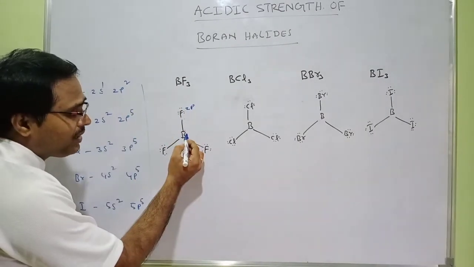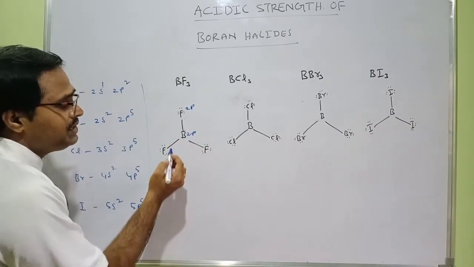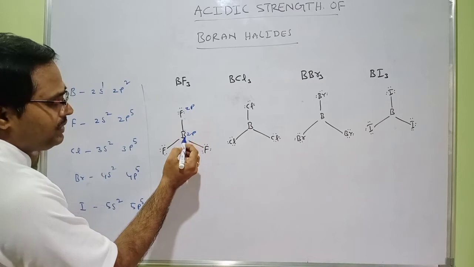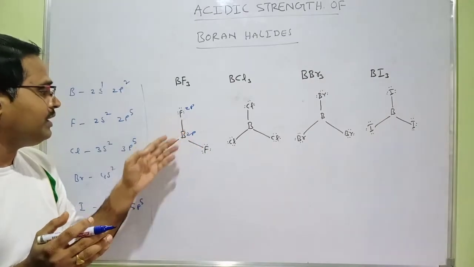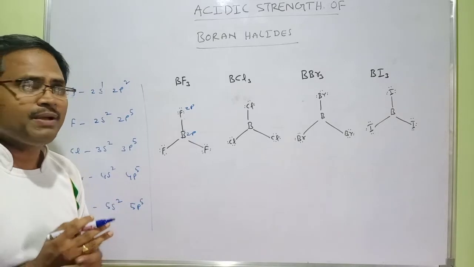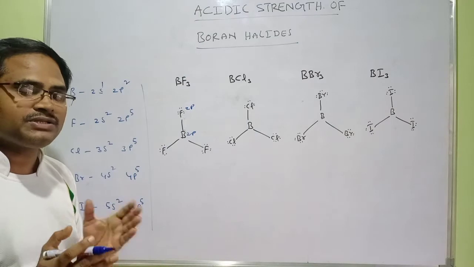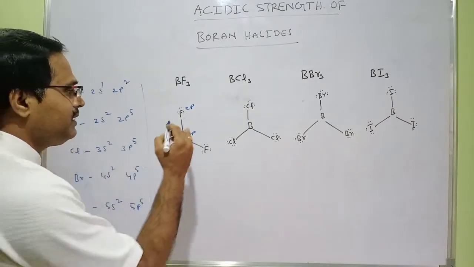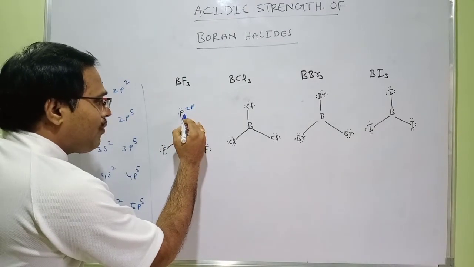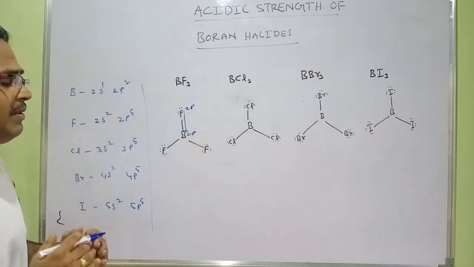Which orbital does boron have? The empty orbital of boron is 2p. Here it is 2p, here it is 2p. So the 2p orbital of fluorine and the 2p orbital of boron will have good overlapping, because the sizes of the orbitals are the same or equal. That's why the overlapping of this 2p orbital with this empty 2p orbital will be good.